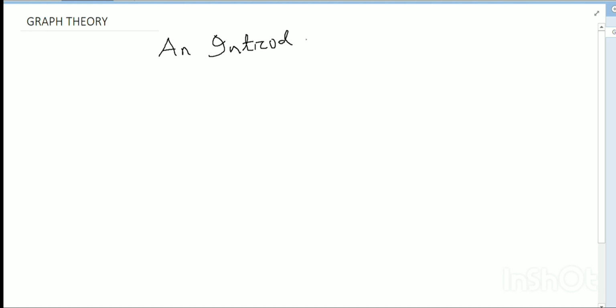What is the simplest definition of a graph for someone who knows nothing about the field? You can think of a graph as a network, a network that helps define and visualize relationships between various components.